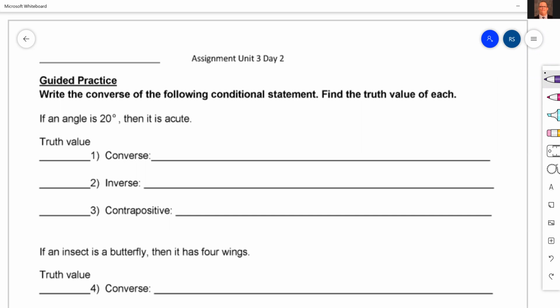Remember, the first thing we need to do is identify our hypothesis and our conclusion. If an angle is 20 degrees, that's our hypothesis. Then it is acute. That's our conclusion.